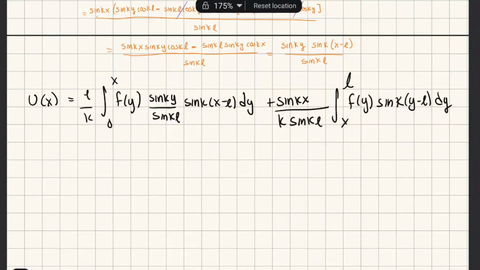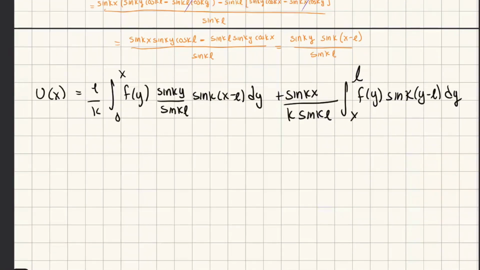So I do not know very much why the book where I take this information from takes a minus sign out of the sine and switches the order of the x and the l. But just to respect the book, we are going to write it in that way.